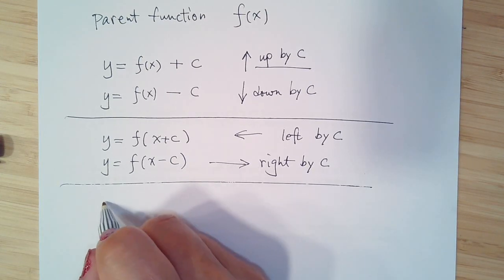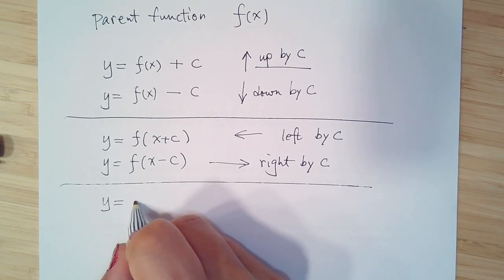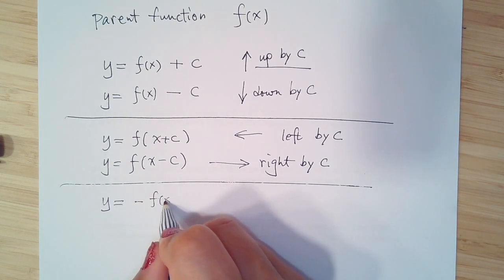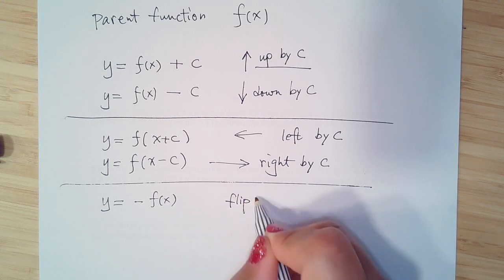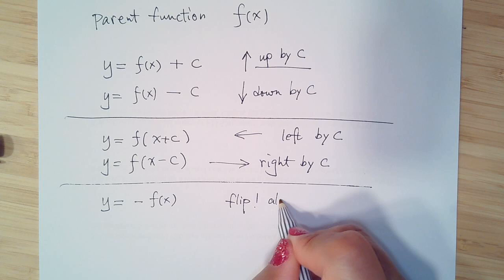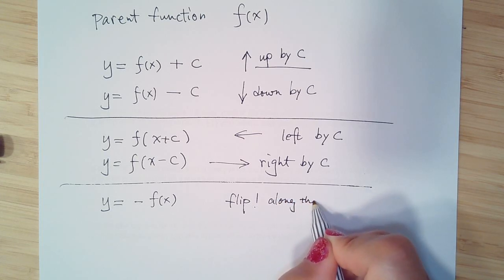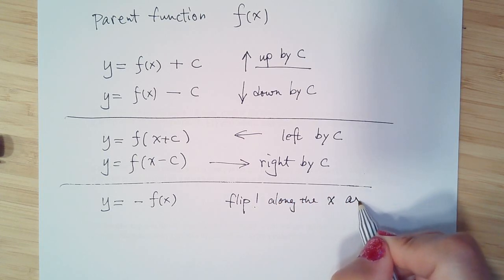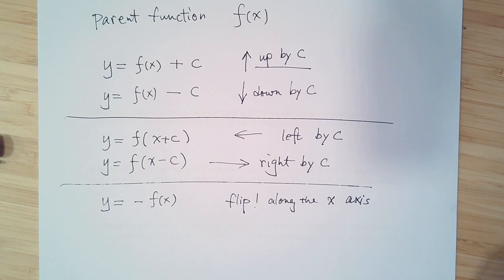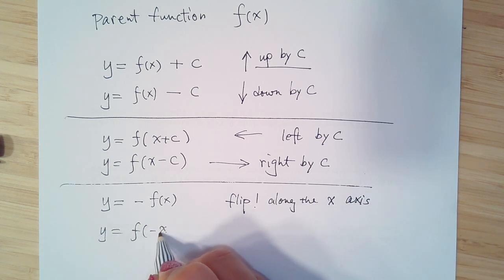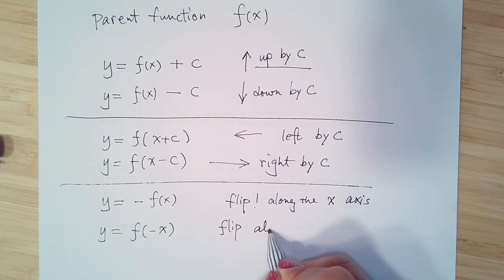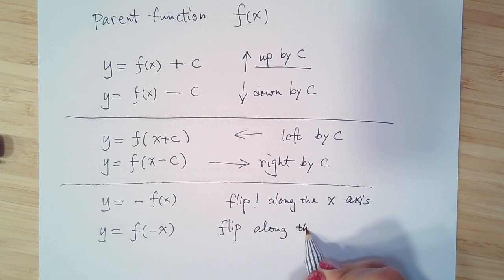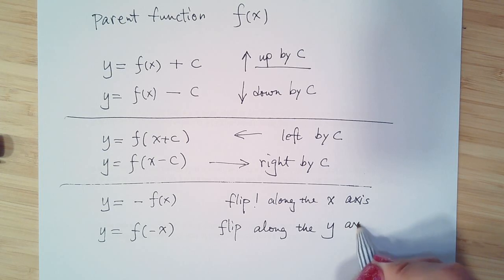Now, if y equals negative f of x, you're going to flip along the x-axis. If it's y equals f of negative x, then you're going to flip along the y-axis.